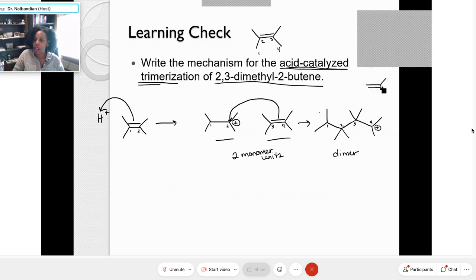Now, I'm going to draw another one of those alkene monomers. I'm going to call this 5 and 6. So from the middle of the bond, again to this carbon that has a positive charge.